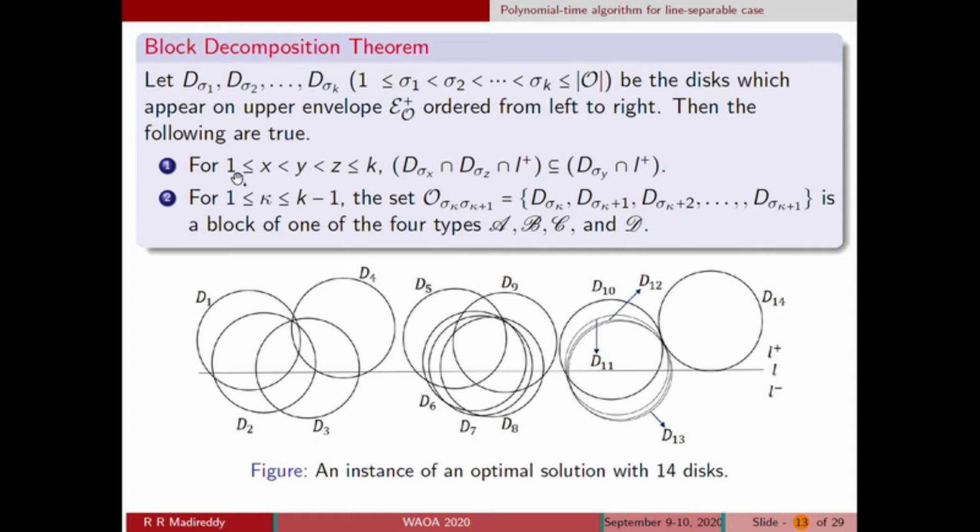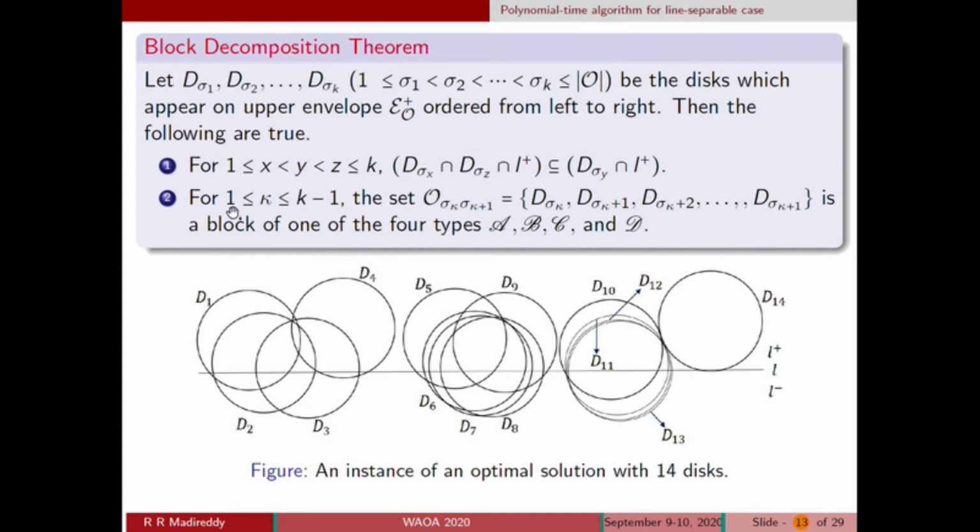For 1 less than x less than y less than z less than or equal to k, d sigma x intersection d sigma z intersection L plus is a subset of d sigma y intersection L plus. That means for any three contiguous disks on the upper envelope, the intersection of the first disk and the last disk must be contained inside the middle disk.